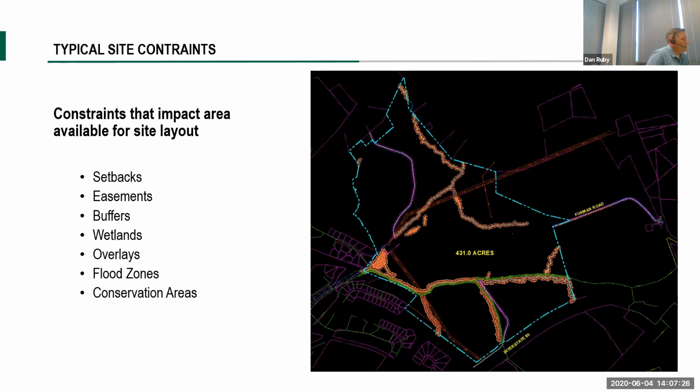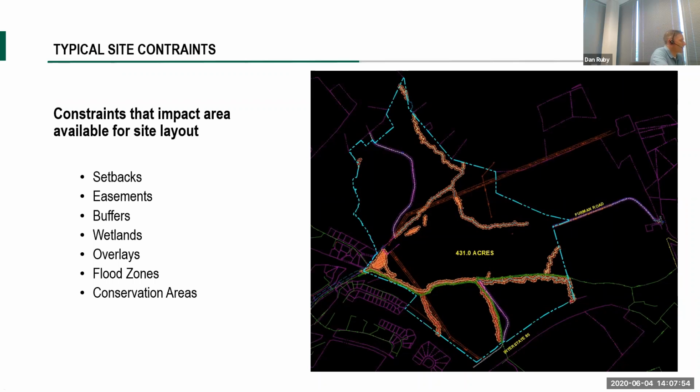So here's an example of a project, 431 acres, which of course sounds like a lot of land. And this is a piece of property that was being considered for a high school and a middle school. And there are the kind of self-evident components that you start looking at first, to be able to pare down what your net usable area is.